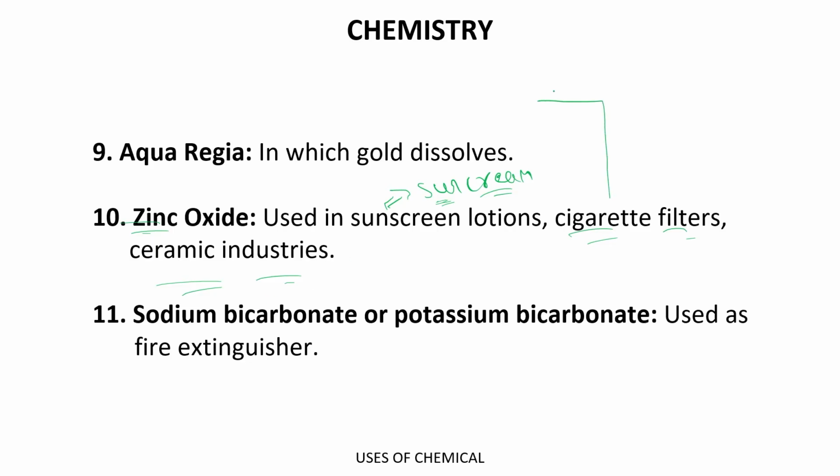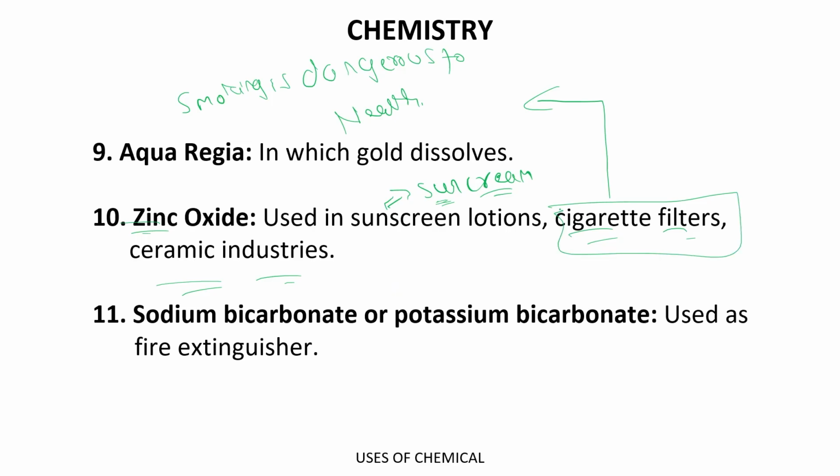And if I mention cigarettes, then I will give you one very good advice, which is: smoking is dangerous to health. Remember it. Smoking is dangerous to health. So if any one of you is smoking, quit that. So zinc oxide is basically used for sun cream lotions, cigarette filters, and ceramic industries.